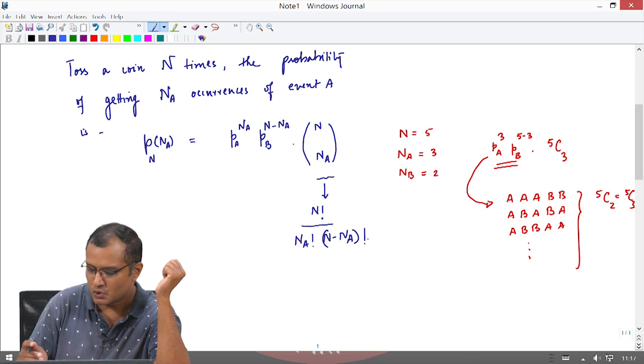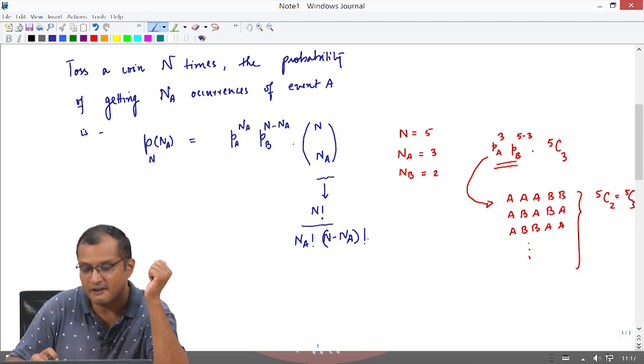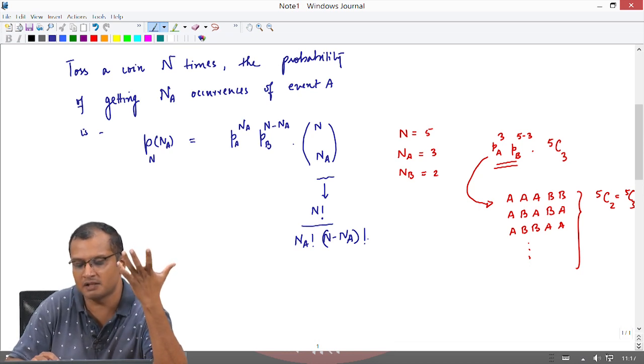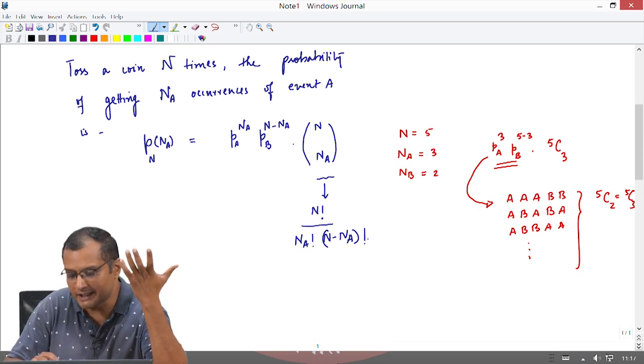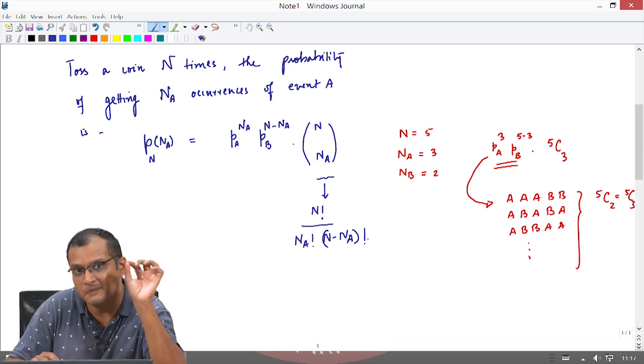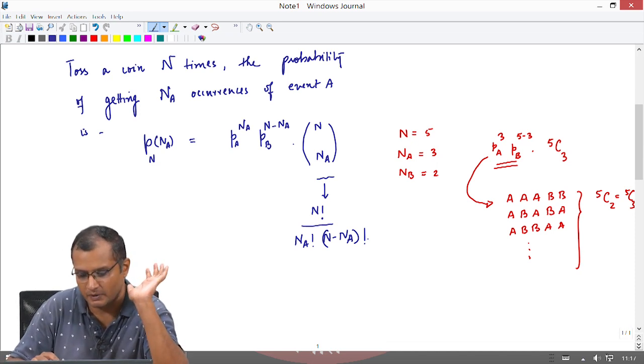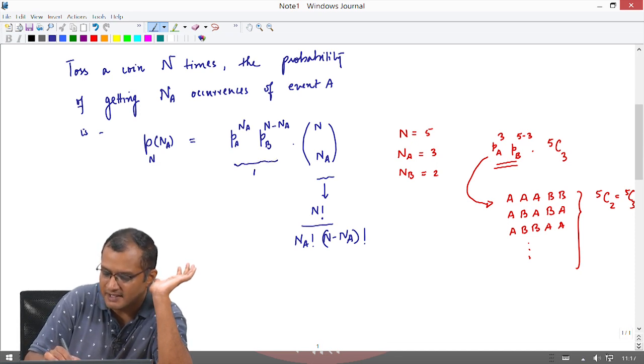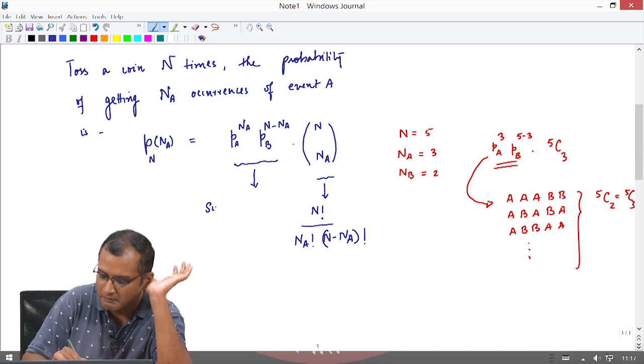Okay. So, this factor here that I have written as a combination is the number of orderings you can write down for NA outcomes and NB outcomes. What I have written here as a probability is the probability of a single outcome or a single ordering.